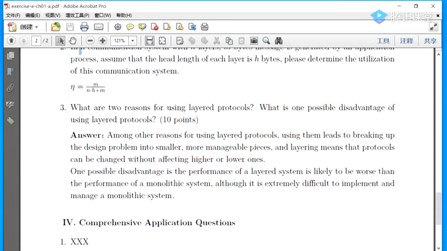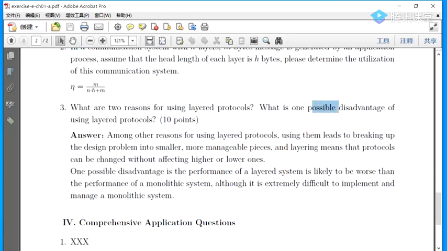So, the two reasons for using layered protocols: breaking up the design problem into smaller, more manageable pieces, and layering means the protocols can be changed without affecting higher or lower ones.